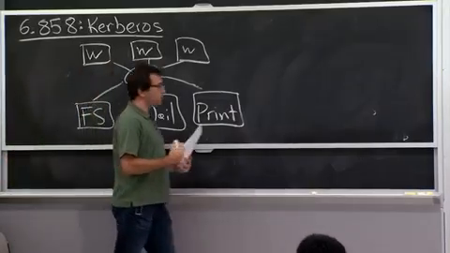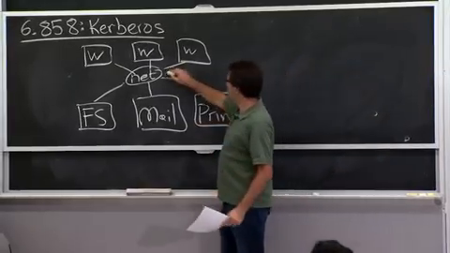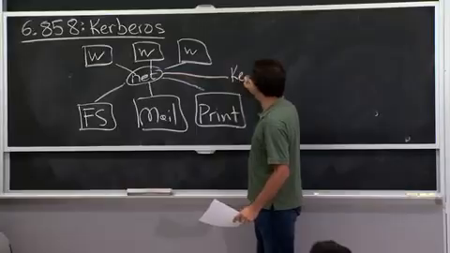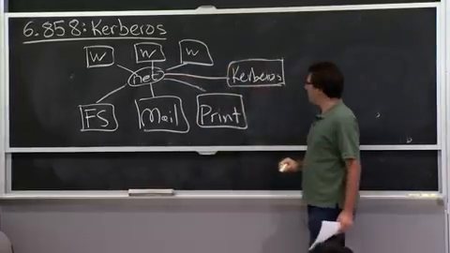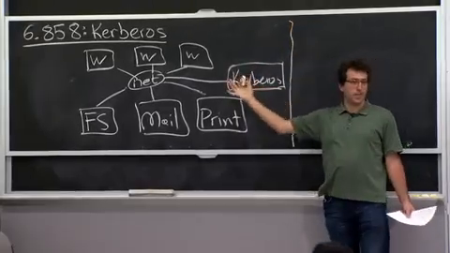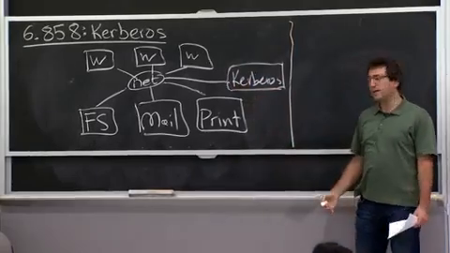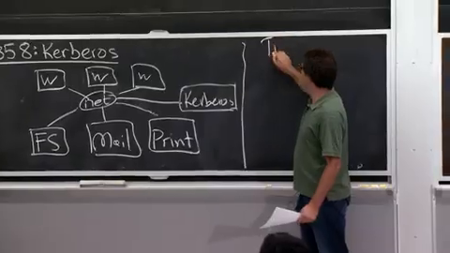And it might be interesting to figure out what's the trust model. Kerberos is going to introduce this extra Kerberos server sitting on the side. So our threat model at some level is that the network is untrusted, like we were thinking about in last lecture. But who do we have to trust in this Kerberos setting?